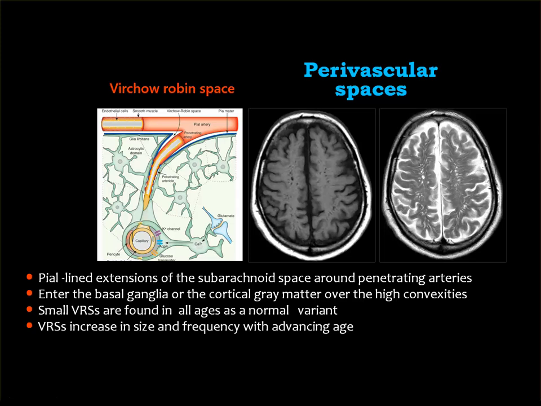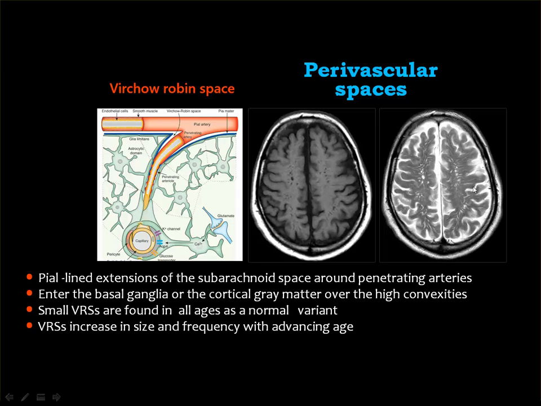Then the perivascular spaces, or Virchow-Robin spaces, are the CSF spaces accompanying the penetrating vessels through the brain substance. And if you cut this horizontally, then you get many foci in the white matter that are filled with CSF, showing low signal in T1 and high signal in T2.